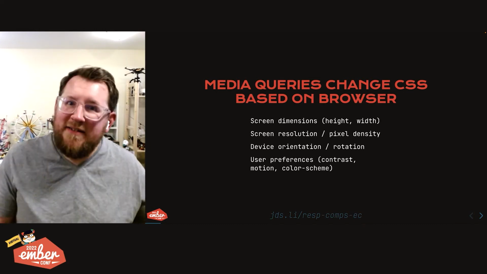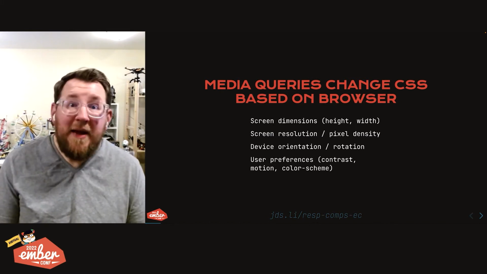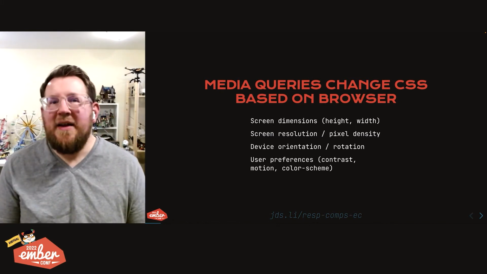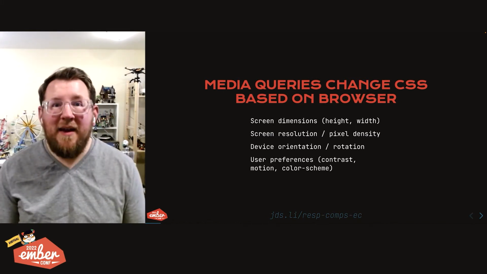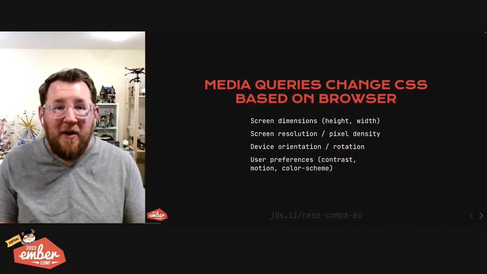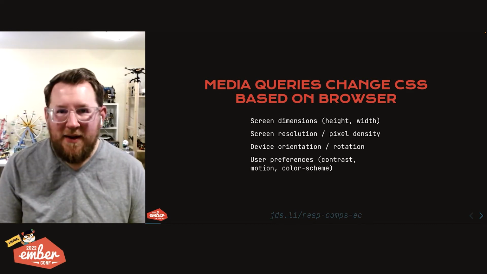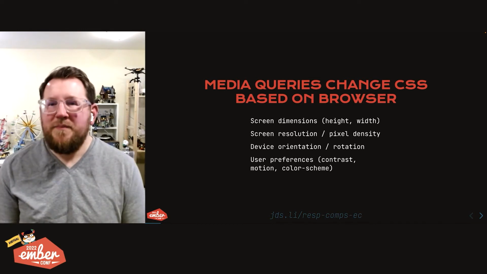This is not accessibility equals screen readers or semantics or ARIA attributes or anything like that. This is accessibility means making the components and the parts of the sites we build usable by everyone.